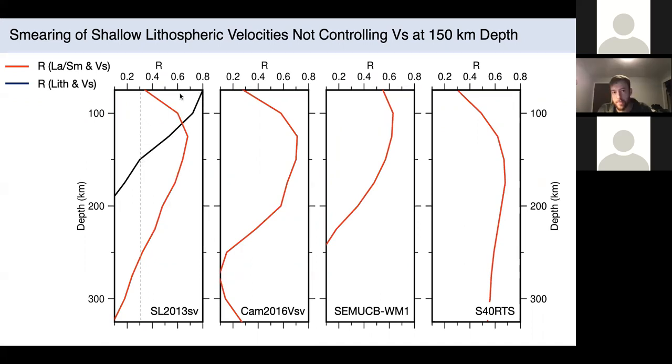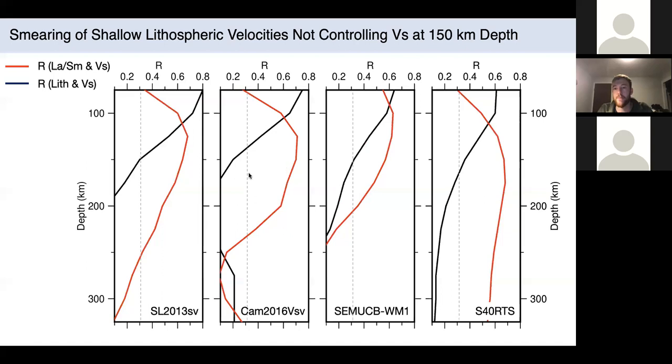So you get a very strong correlation between the two at shallow depths, and this correlation becomes negligible at the depths at which we are looking. This means that we do not think that lithospheric thickness variations are controlling shear wave velocity variations at 150 kilometers depth. So when we look at shear wave velocities at that depth, we're looking at temperature variations in the asthenospheric mantle. And that's the same for a wide range of tomography models.